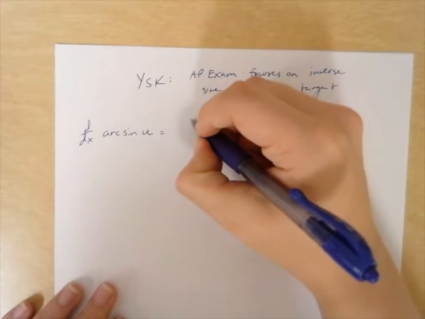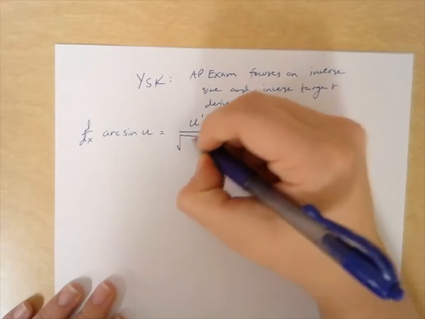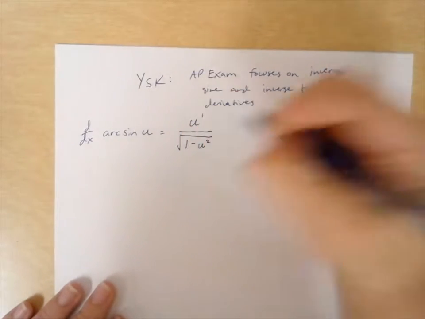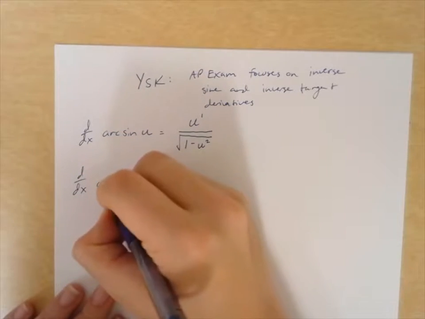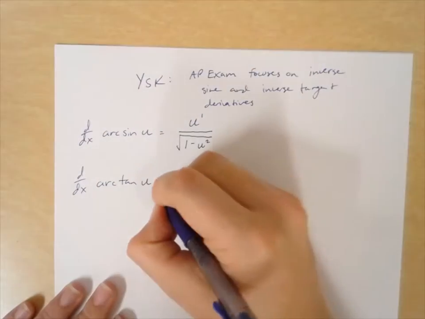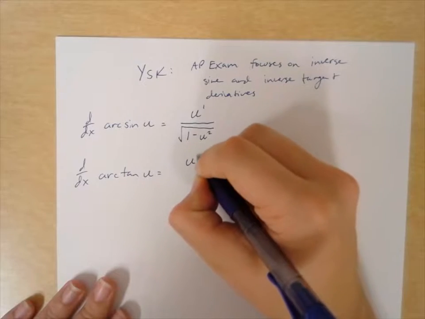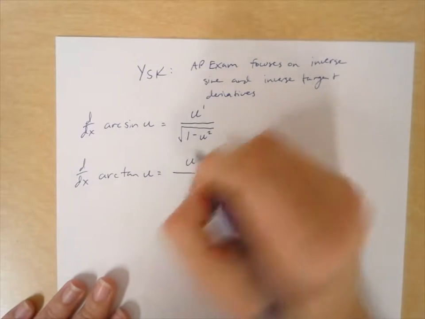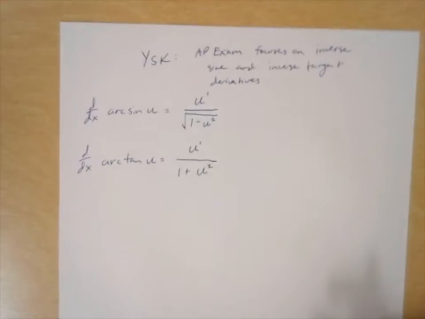And we can take that derivative by doing u prime over the square root of 1 minus u squared. The derivative of the inverse of tangent, of arctan, again, of something more involved than just x, would be u prime over 1 plus u squared.